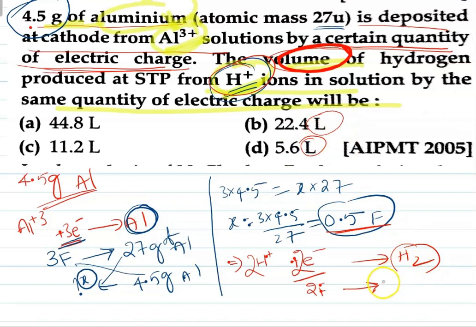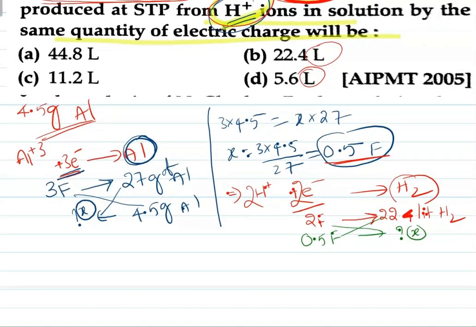Here it is 1 mole, which means 22.4 liters of hydrogen is formed for 2 Faradays. But how many Faradays do you have? You have only 0.5 Faradays. So 0.5 Faradays will form how much volume of hydrogen? Let's take it as x and cross multiply: 22.4 into 0.5 is equal to x into 2.